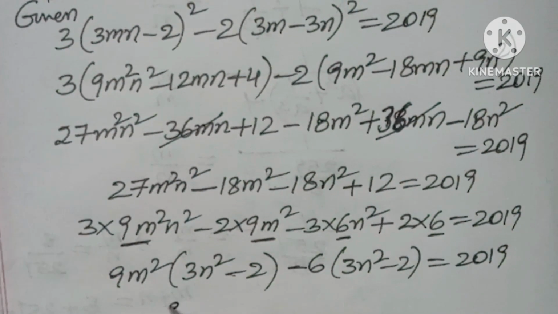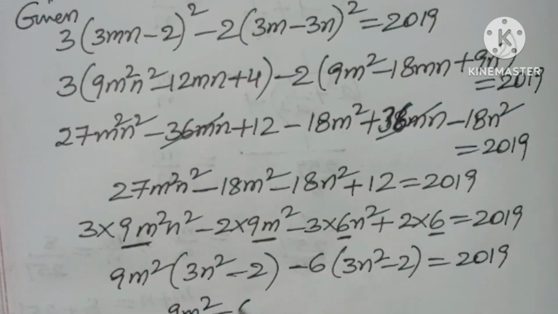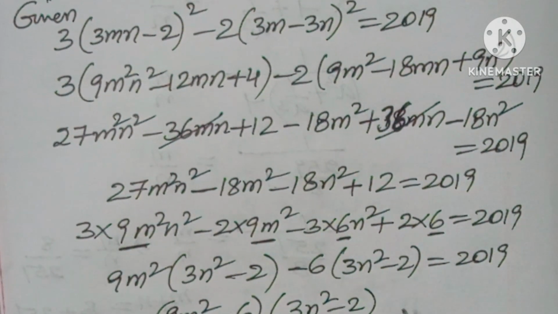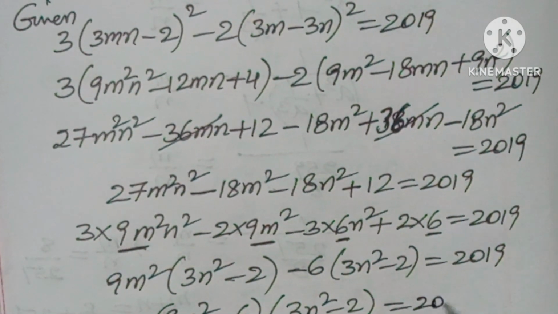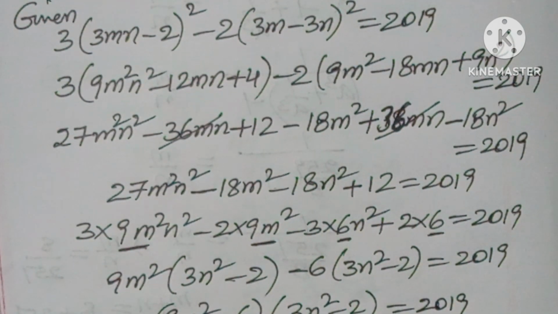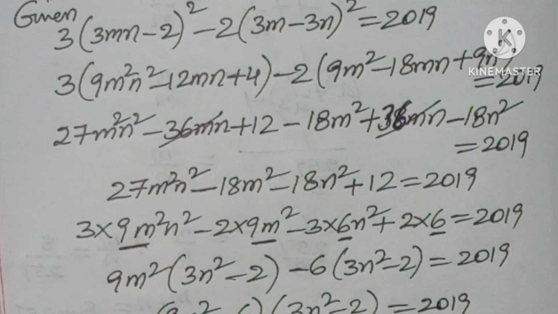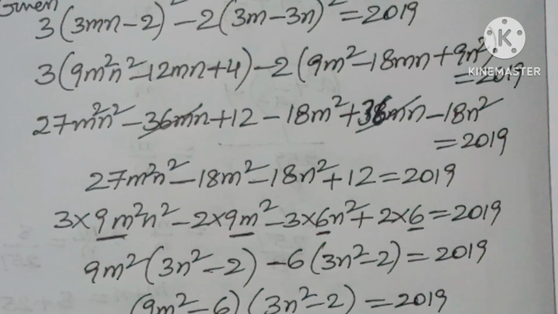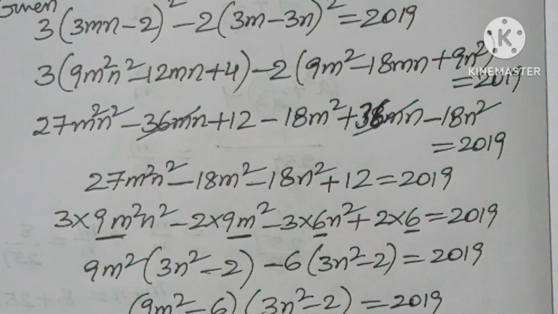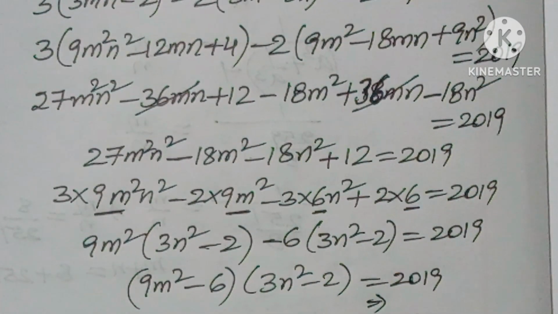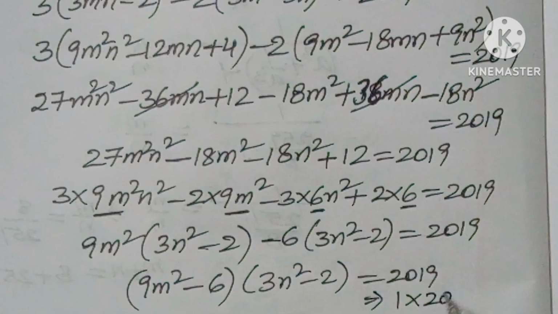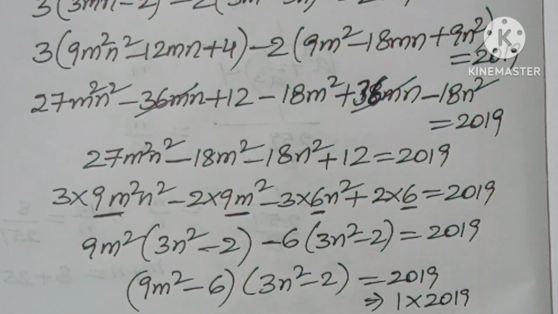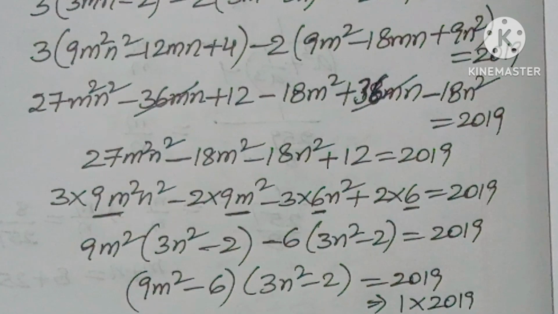So here you'll get (9m squared minus 6) into (3n squared minus 2) is equal to 2019. So here what are the factors of 2019? 2019 can be written as 1 into 2019, 3 into 673.